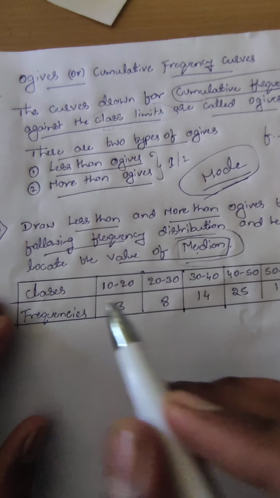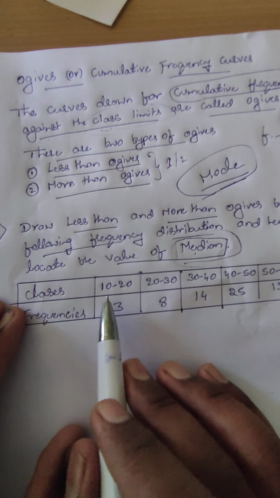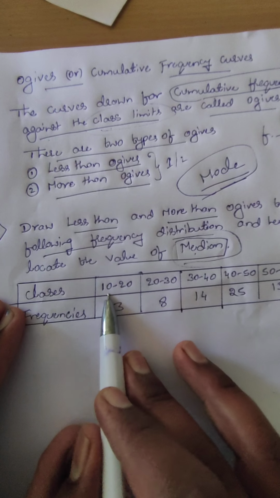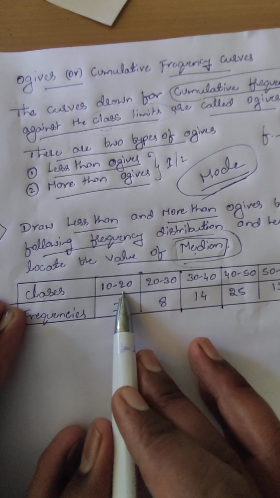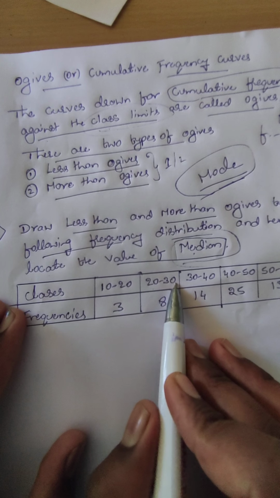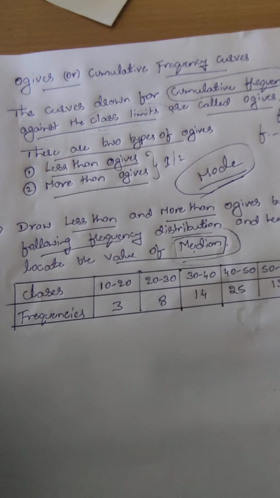Okay, students, this class interval is related to the continuous series. Here they have given 10 to 20, so 10 is the lower limit, 20 is the upper limit. Here 20 is the lower limit, 30 is the upper limit. Based on this given information, let us solve the problem.